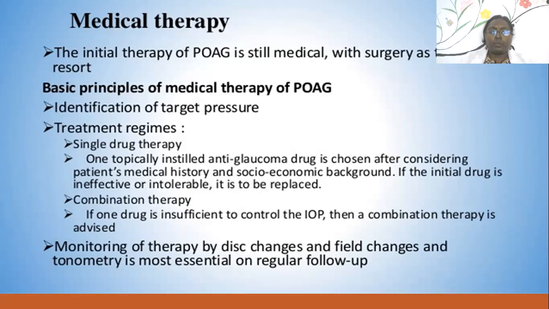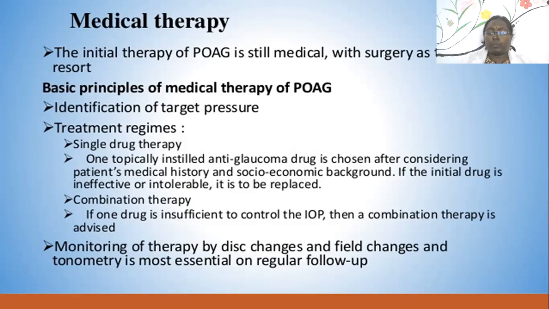The treatment can be single drug therapy or a combination. First you start with a single drug therapy. One topically instilled anti-glaucoma drug is chosen, depending upon the socioeconomic background. If it is ineffective, then you increase the dosage. If the IOP is not coming down, then we start with a combination.